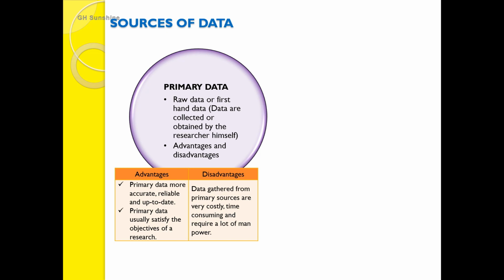And of course, the primary data will satisfy the objective of the research. But when the researcher use the primary data, what happened to the cost? High cost, right? Time consuming and also required a lot of manpower.